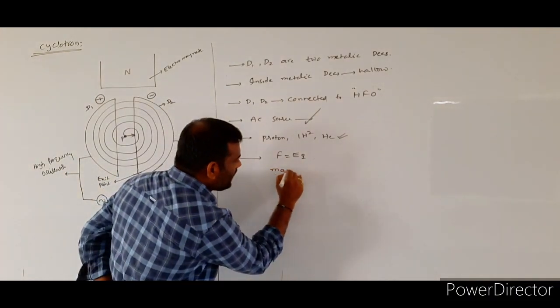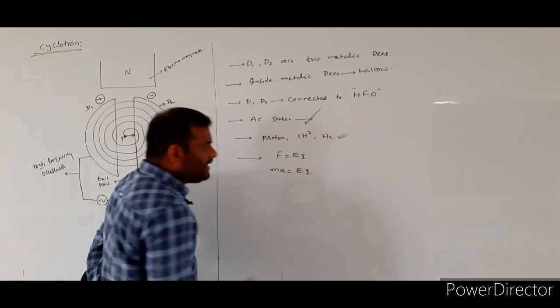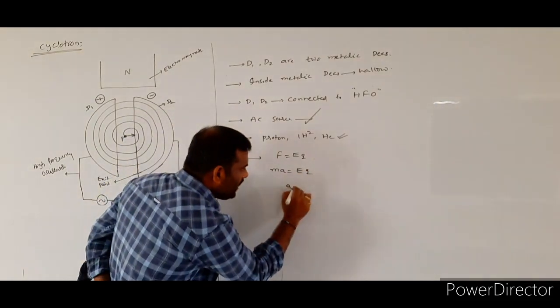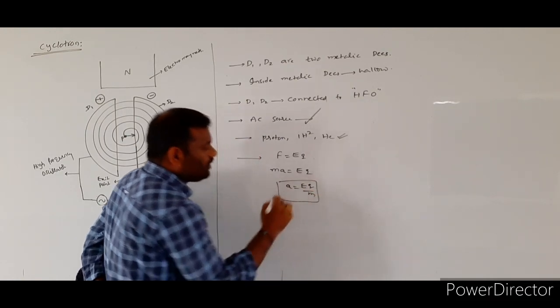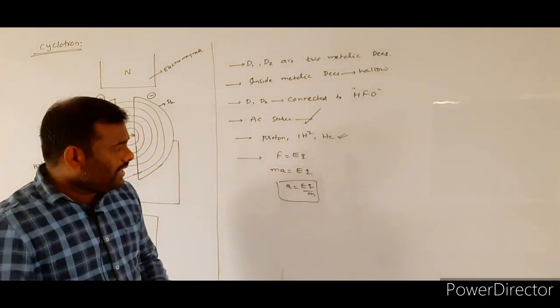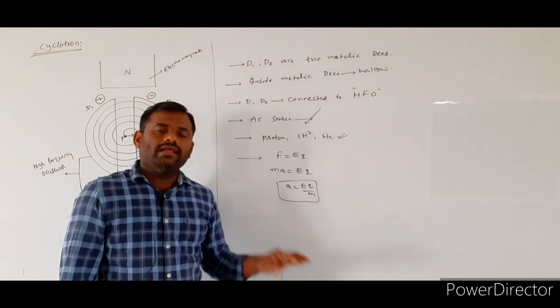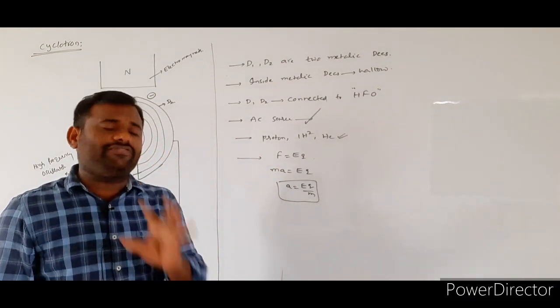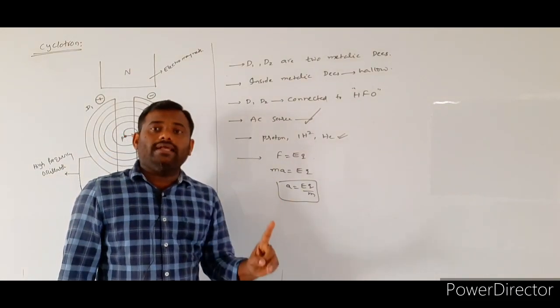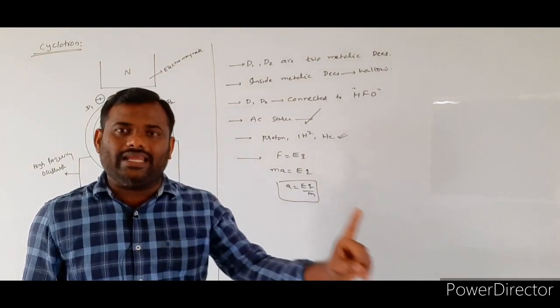According to Newton's second law, we write MA is equal to EQ. So A is equal to EQ by M. Why I wrote this equation: by the electric field, the charged particles are always accelerated.